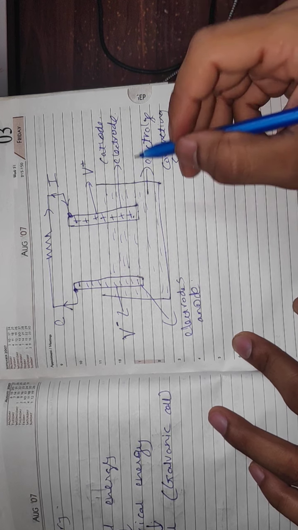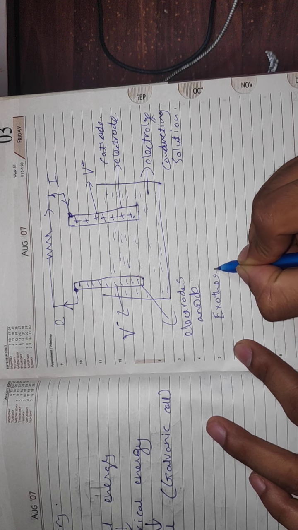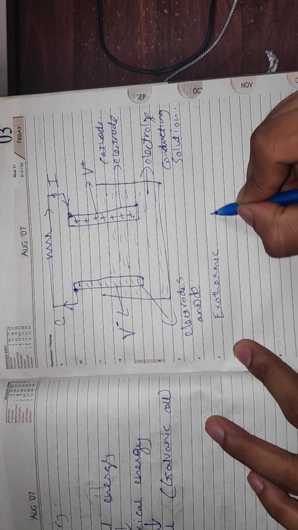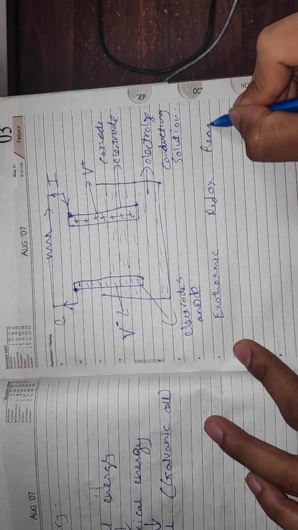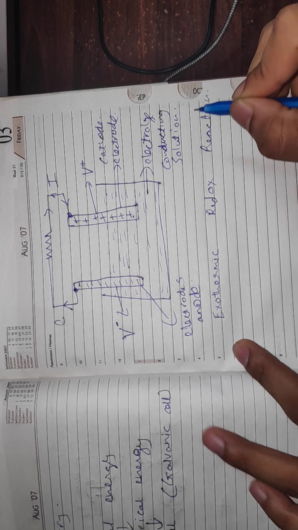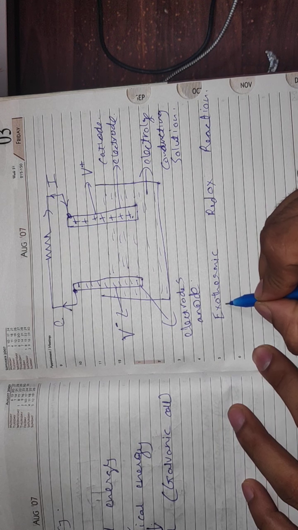Now what happens inside this? It will do an exothermic redox reaction. This happens inside the circuit. What is exothermic?